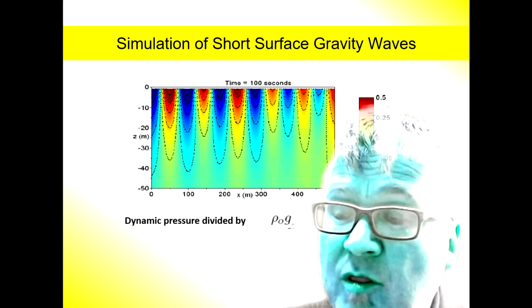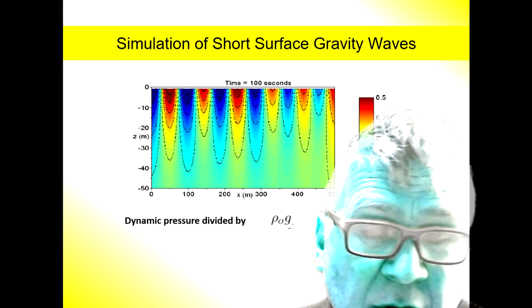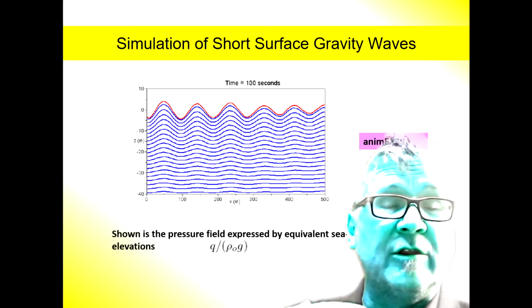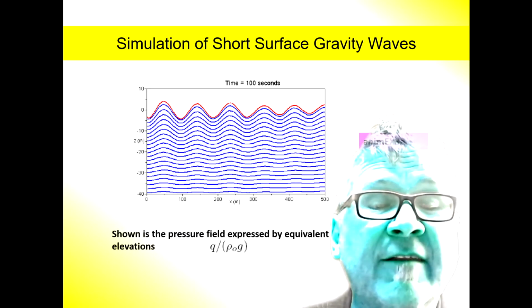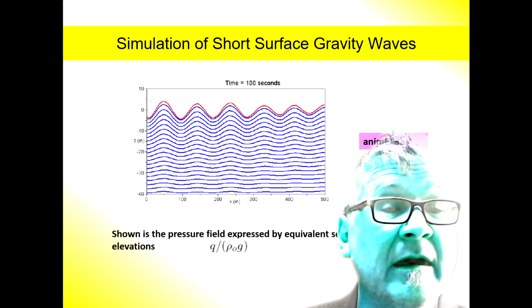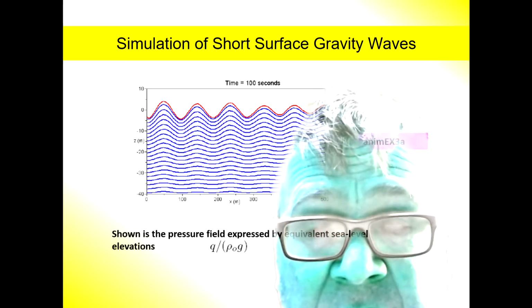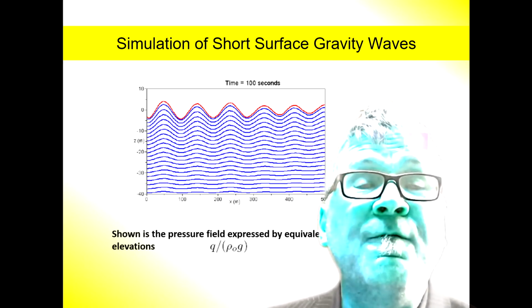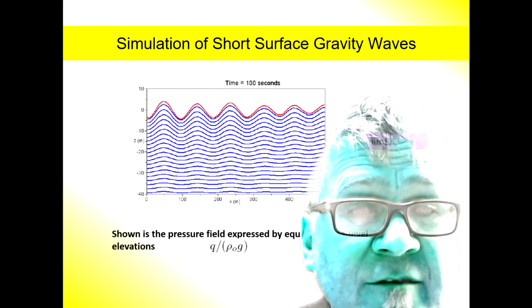In order to make it a little bit more convincing of how the simulation looked, what you can do is convert this pressure field into equivalent sea level elevation. Instead of showing the results in colors, you can actually work out the vertical displacements of surfaces.